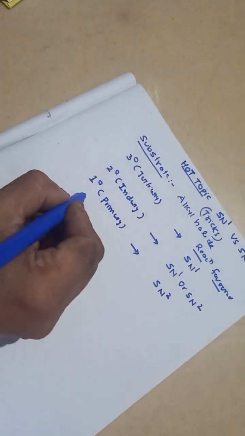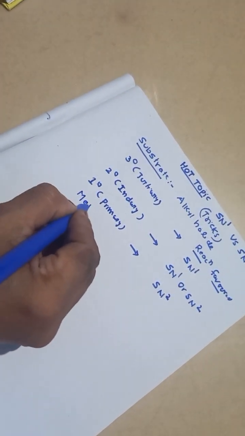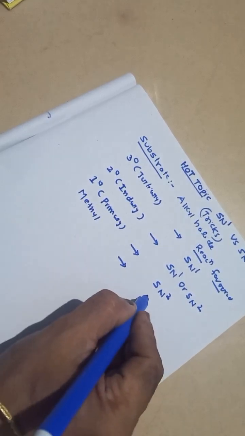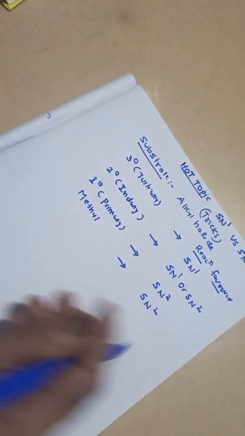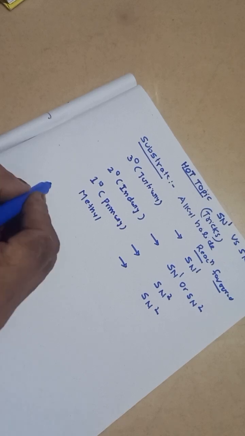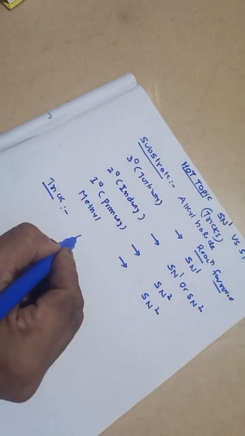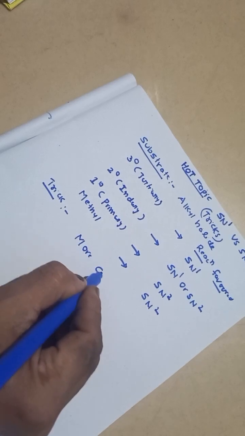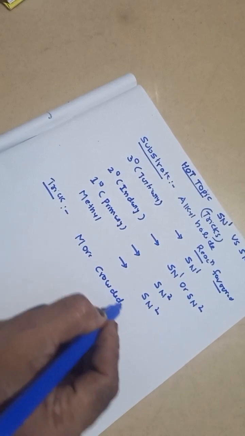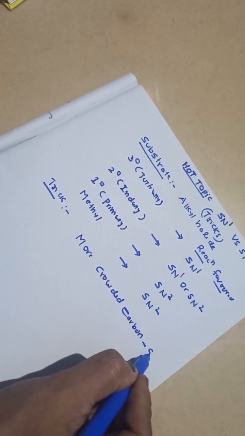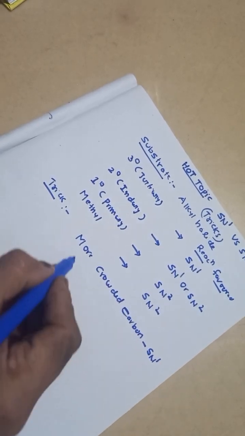This is the most important thing you have to remember for quick answering. If it is a methyl group, then also it favors SN2 mechanism. So what is the trick here? More crowded carbon, then it favors SN1 mechanism.